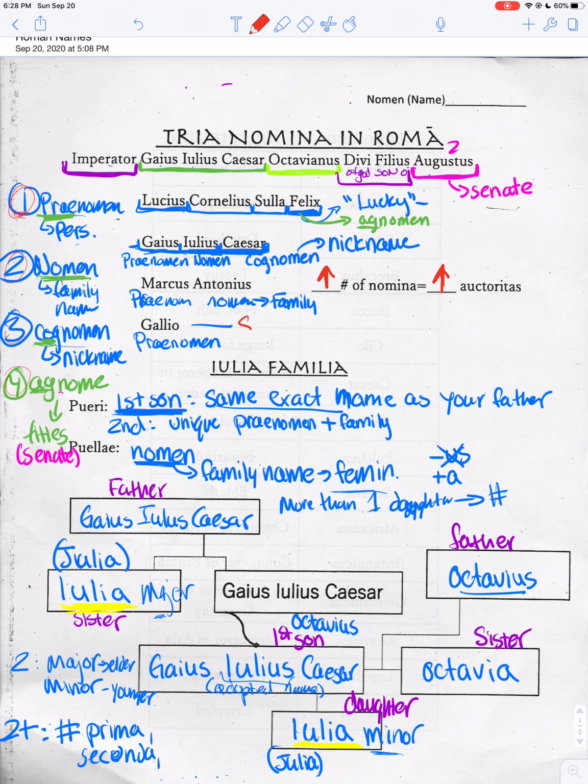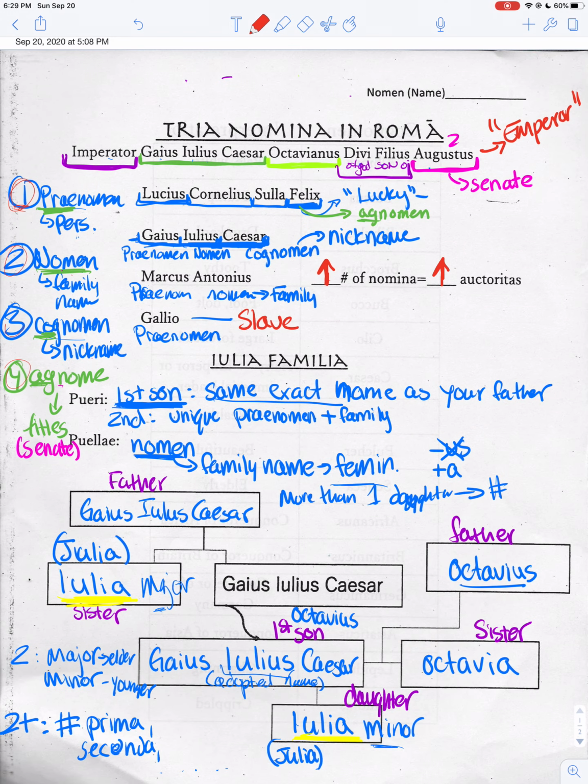Because down here, we have a slave, and he only has one name. But if we look up here, he eventually becomes, I put emperor in quotations because he's not a true emperor, but he is basically an emperor. And he has the most names. So really the number of names you had equaled the amount of auctoritas, or authority, that you had in Rome.